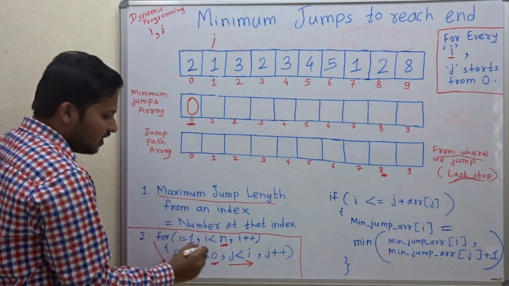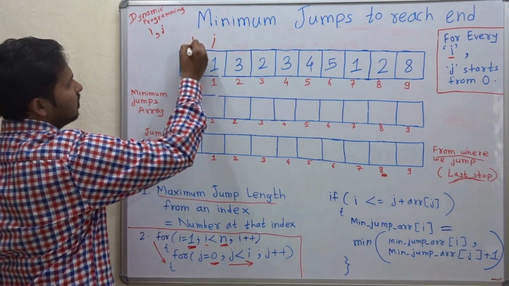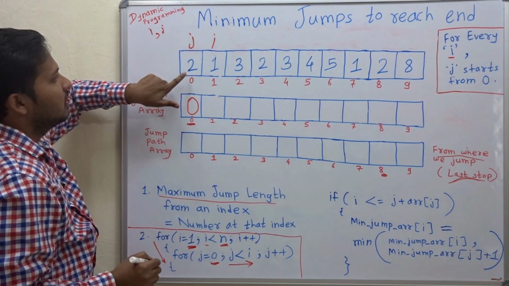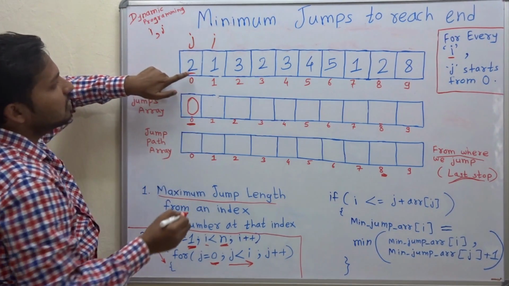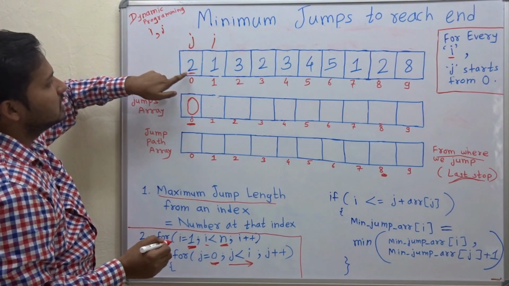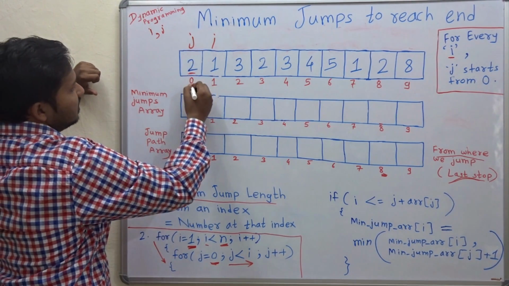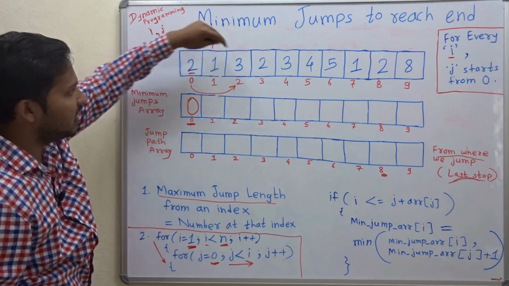Now for every I, j starts from 0. So I will start from 0. Now see, at the jth index, what is the value? 2 is the value. Means the maximum length of the jump from 0 can be of length 2, means 2 places.